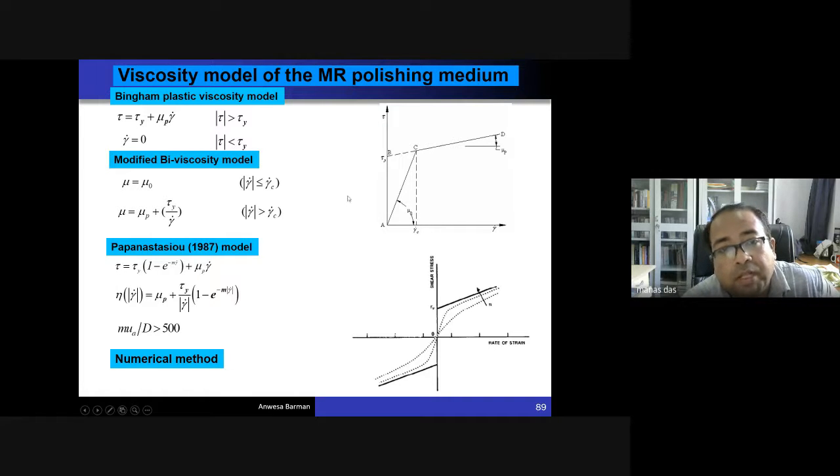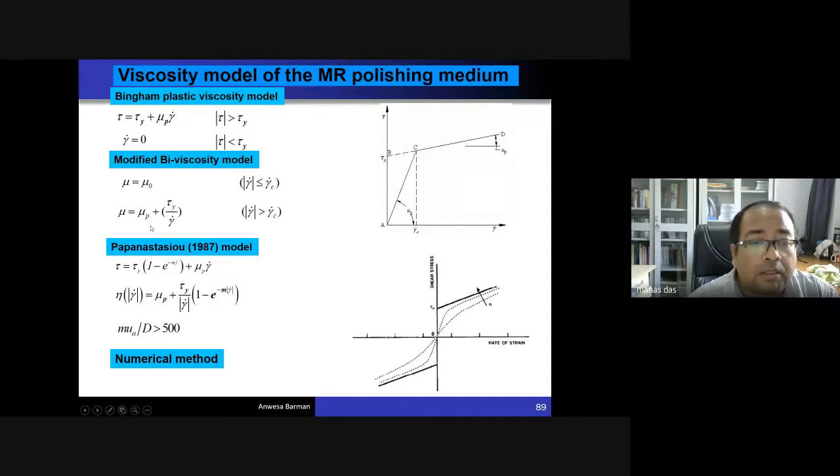This is the modified bi-viscosity model: when shear rate is less than the critical shear rate, mu equals mu0. When shear rate is greater than the critical shear rate, mu equals plastic viscosity plus tau y, the yield stress, divided by shear rate. Here also there is a discontinuity at gamma dot c, the critical shear rate.